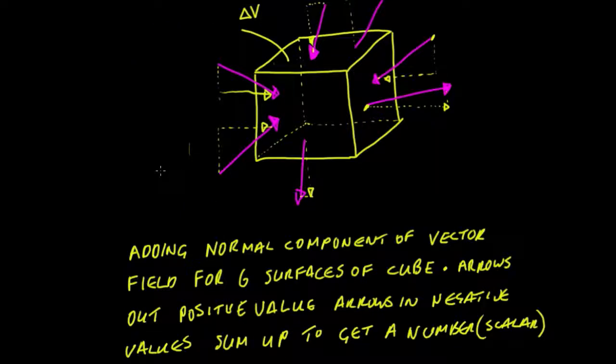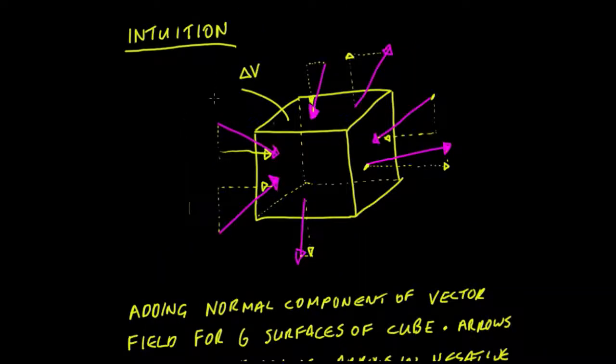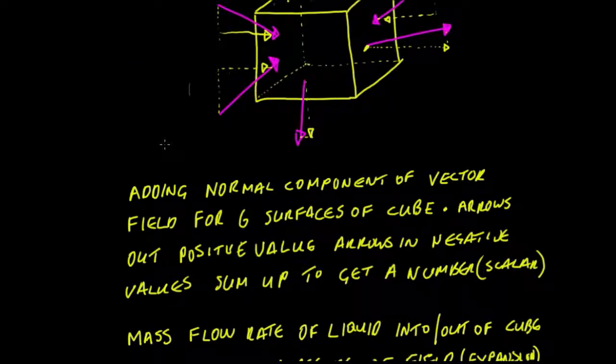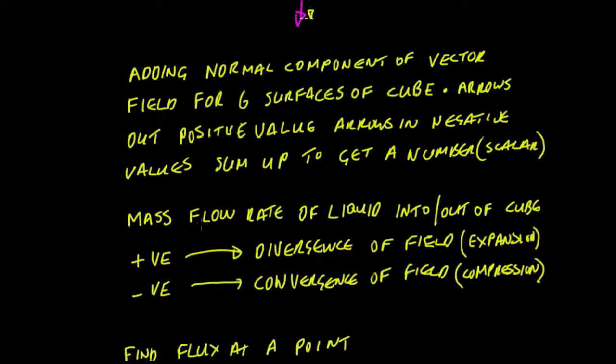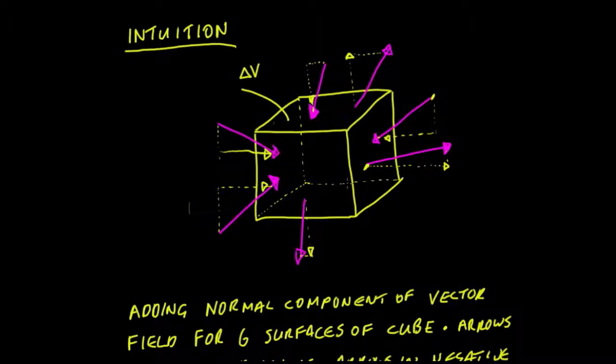Now, we don't use the words compression and expansion, we just use a single term for it and we call it the divergence. So if the divergence is a positive value, then what we say is that there's more liquid flowing out than flowing in.